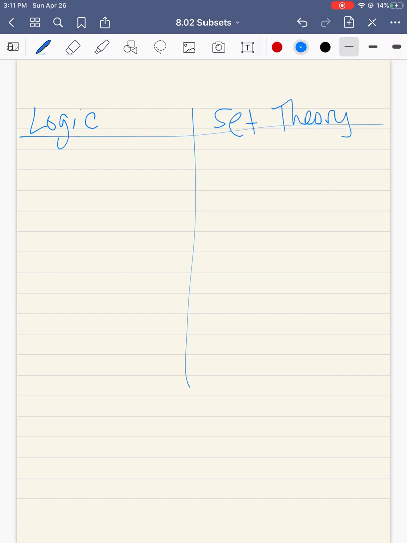So the first part here, we're going to just compare logic to set theory. So the first thing is the notation that we use. In logic, we use P and Q, S, R, or all of those letters, and those are propositions.